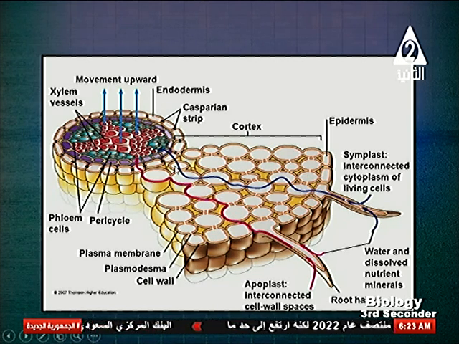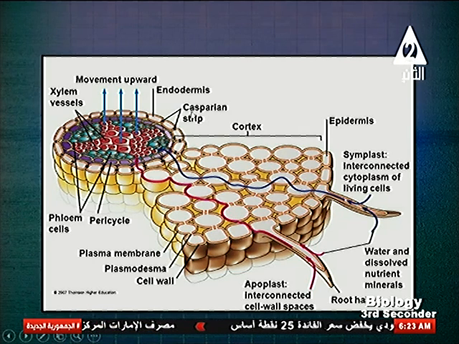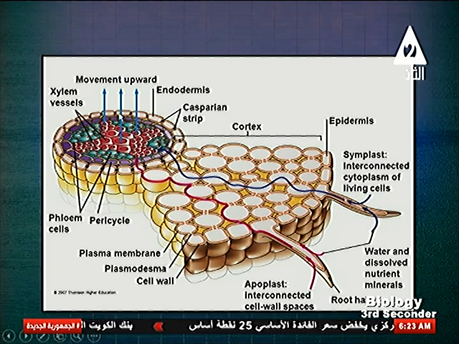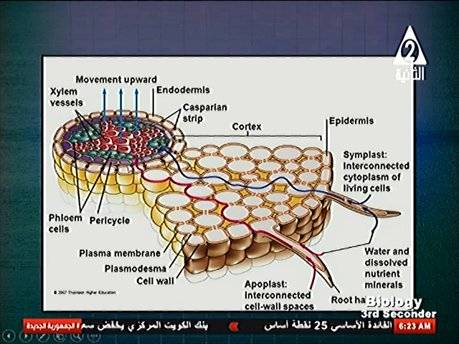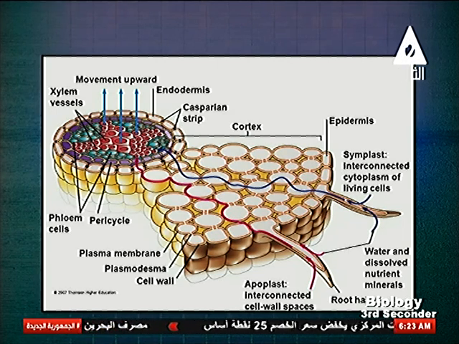It has only one function: to control and regulate the water passage directly to the xylem vessels. Casparian strips contain suberin, so the root has two supports: lignin inside the xylem vessels, and suberin inside the Casparian strip. And the Casparian strip has only one function: to regulate and control water passage directly to the xylem.